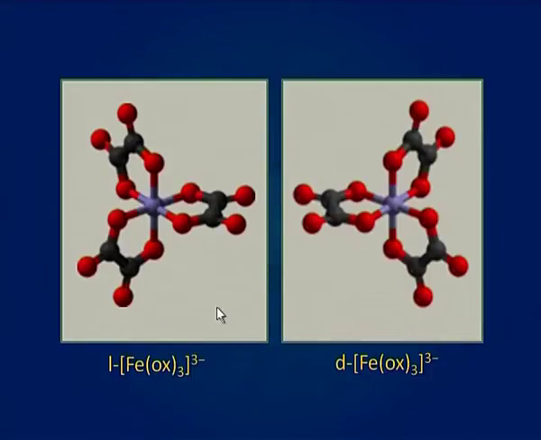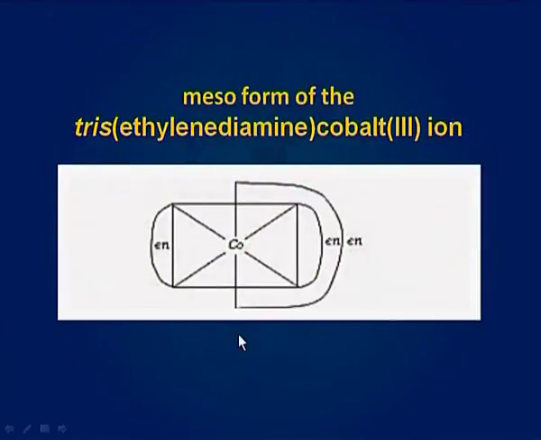Here ox is the ligand oxalato, which is a symmetrical bidentate ligand. These two are also optically active. Here is the meso form of tris(ethylenediamine)cobalt(III) ion. Meso forms are always optically inactive because of internal compensation.